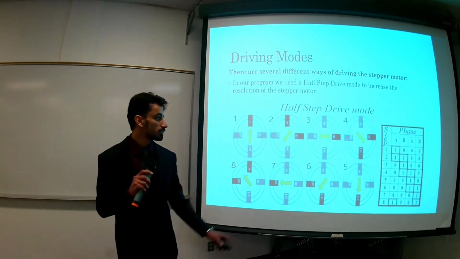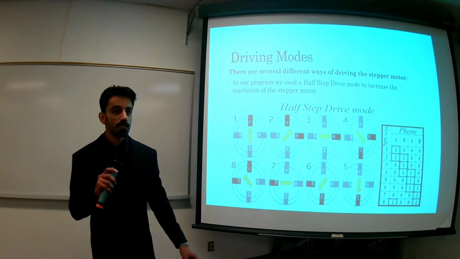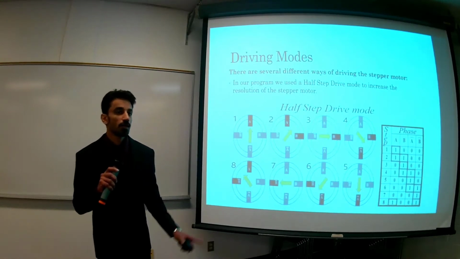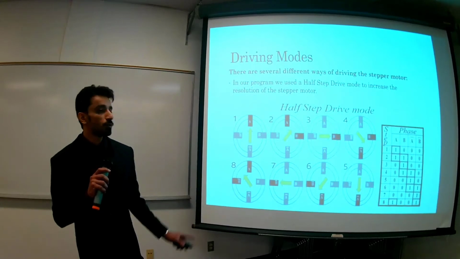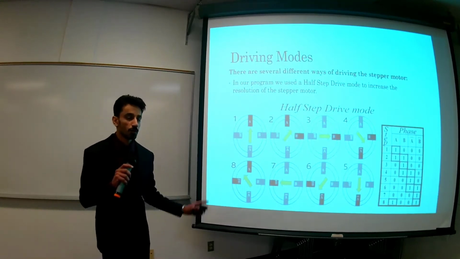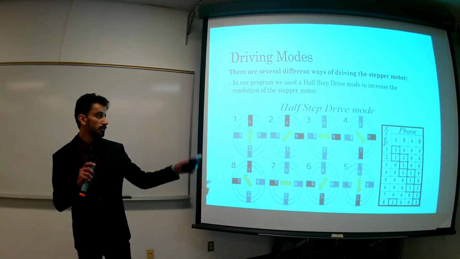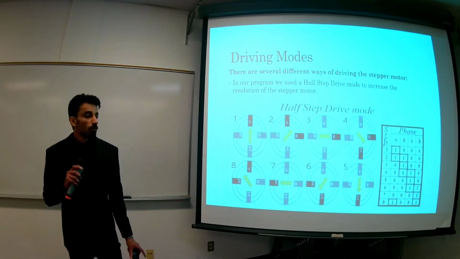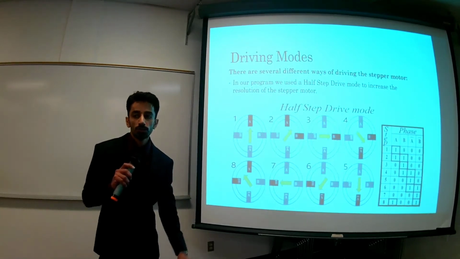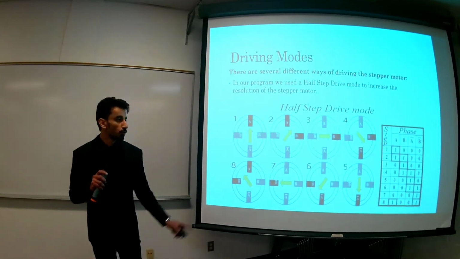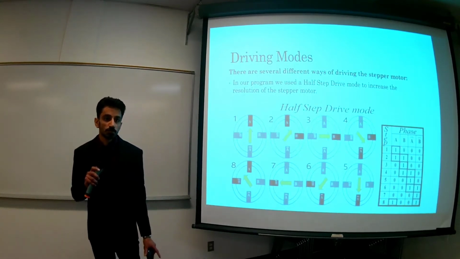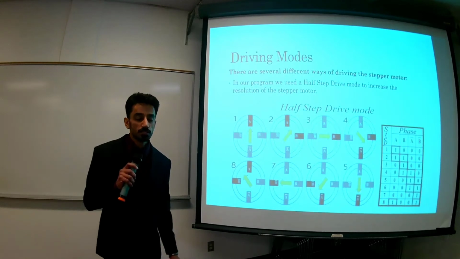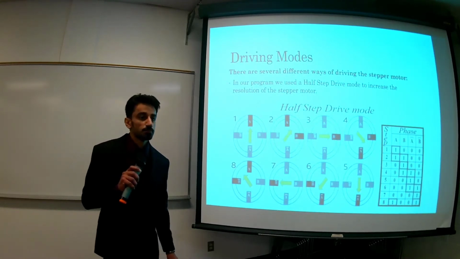In this truth table, you can see the 8 steps that make 1 cycle, and on the other side you can see how the coil acts in each step. To open or close the window, we need to go through these steps 825 times, which is 6,600 steps.